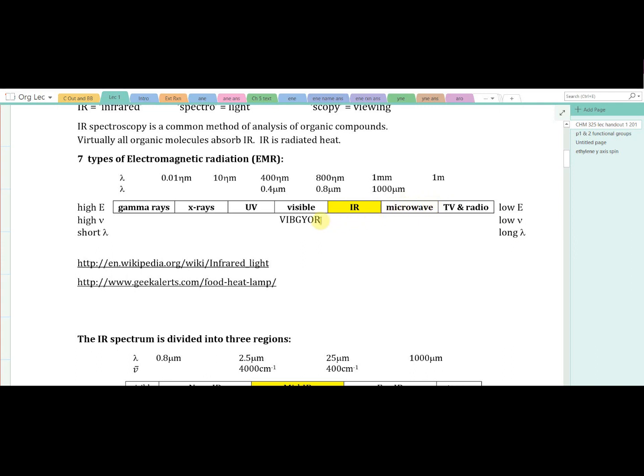In the middle we have the visible spectrum, whose wavelength varies between 400 and 800 nanometers, or 0.4 to 0.8 microns approximately. And then just beyond the visible we have the infrared, 800 nanometers to a millimeter, or 0.8 microns to 1,000 microns. Pretty broad range, more than 1,000-fold increase.